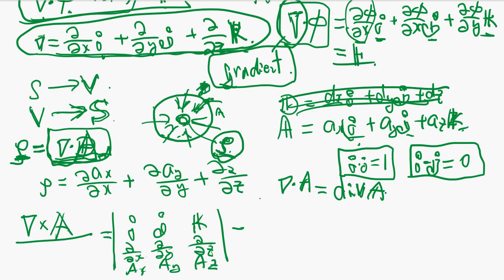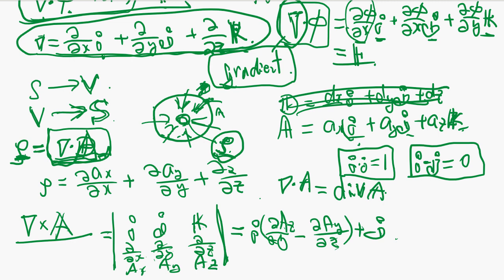So for example, the i direction will have this much, az minus ay az, plus j, same way. If you break down this determinant into the equation, it becomes like this.